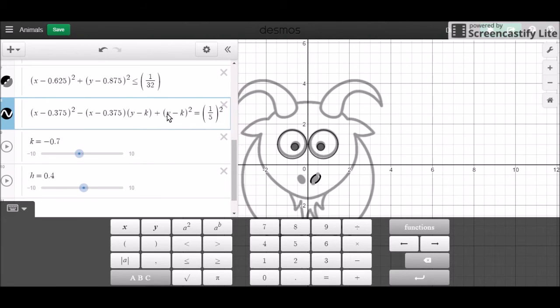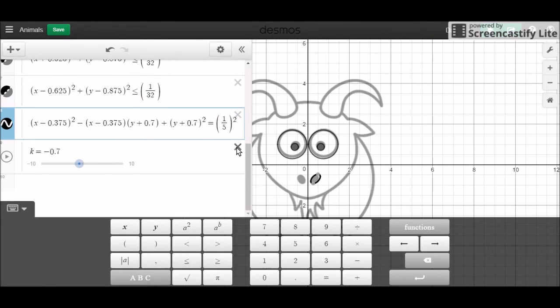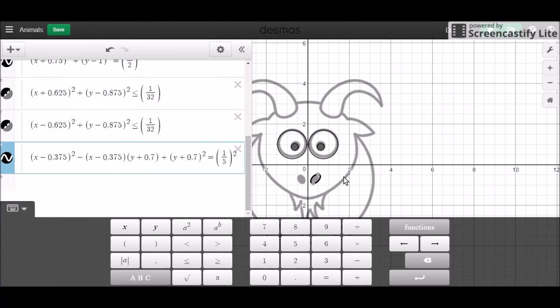That's not helping. Okay, right, so we'll leave K at 0.7, so that's going to be plus 0.7, and it's going to be plus 0.7 to 1/5 squared. So we didn't actually rotate this, but we still got the general shape that we want.